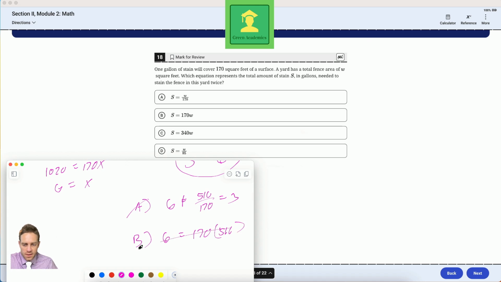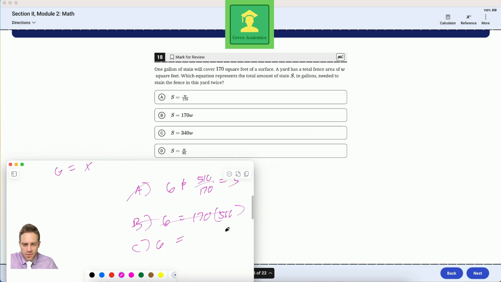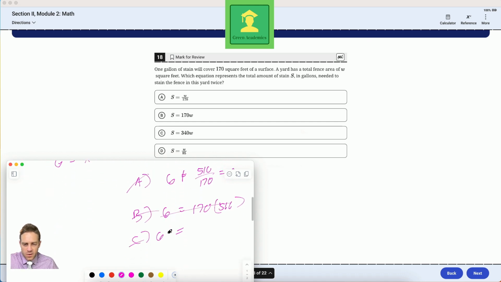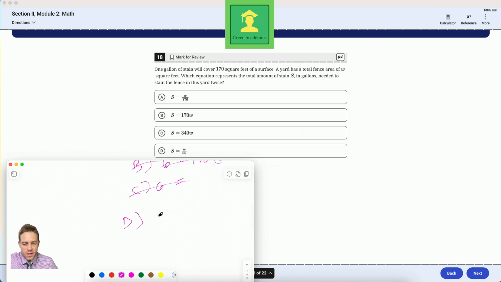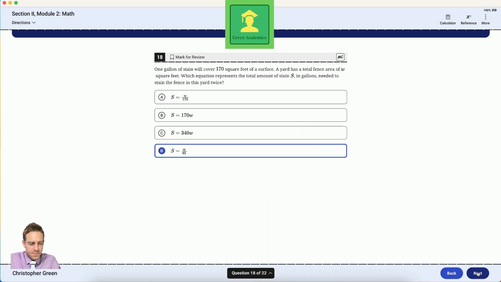No, of course not. Do you get 6 when you do 340 times 510? No, of course not. It's D as in dog. You get 6 when you do 510 divided by 85. That's so tricky because everybody tends to miss the word twice and just jump over it. So it's actually D as in dog.